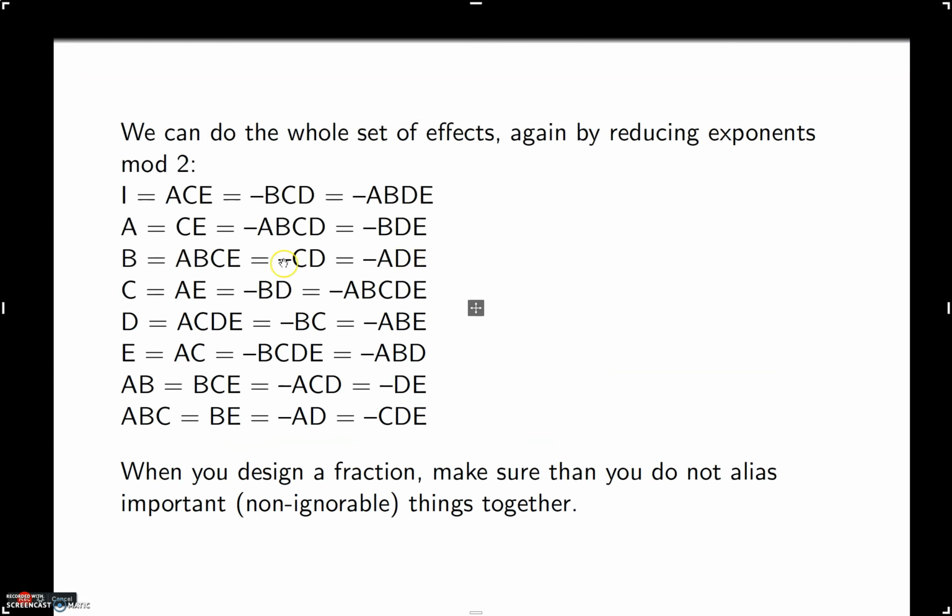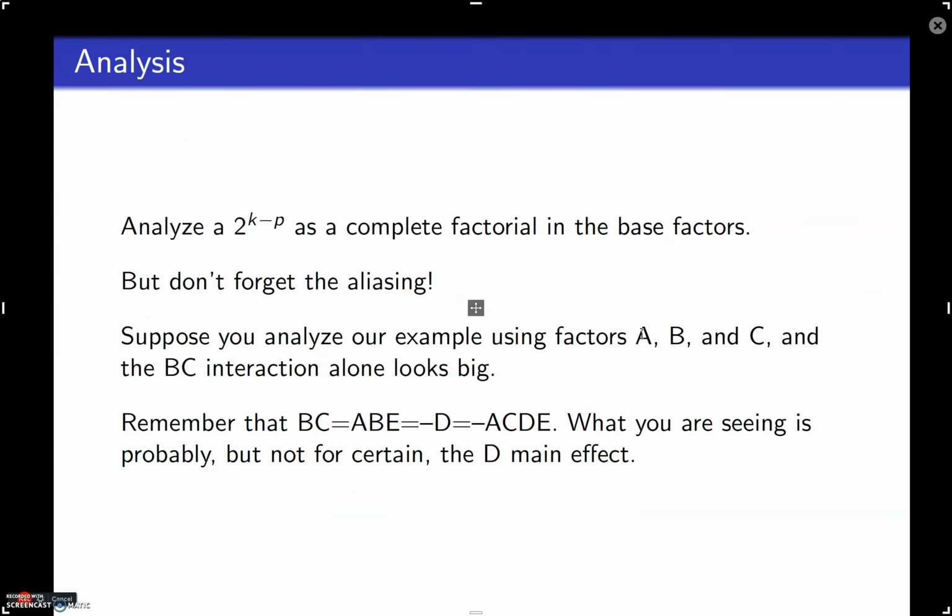Right here. Remember that D is aliased with ACDE, which is aliased with negative BC, negative ABD. So if we just take the negative of these terms, then we get that these are all aliased with each other. So what we're seeing here with that big BC interaction may just be that D main effect, because the D main effect is the negative of that.